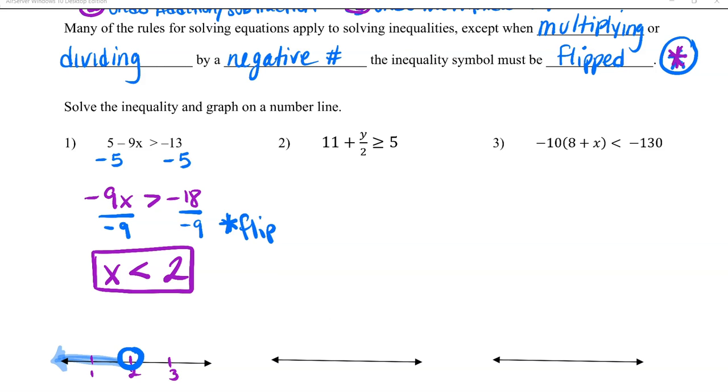So for number 2, again, we have that constant of 11. So we want to subtract it from both sides because it's positive. We're then left with y divided by 2 is greater than or equal to negative 6.